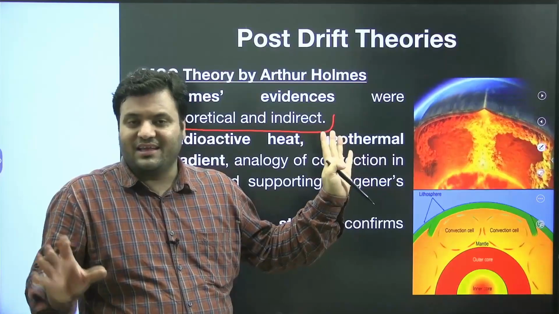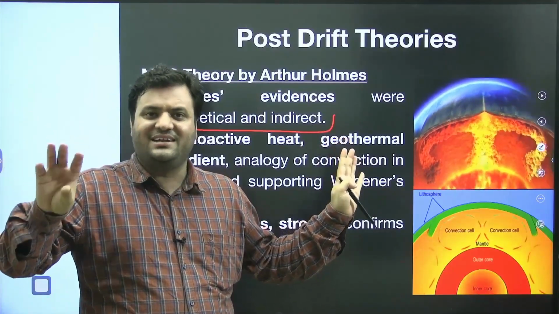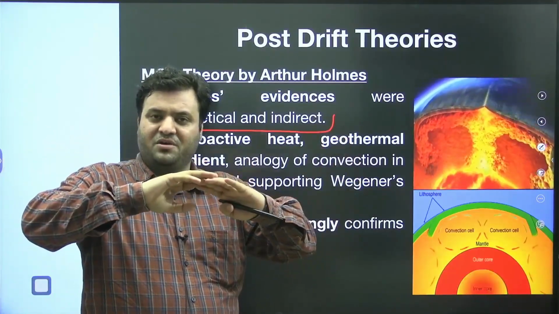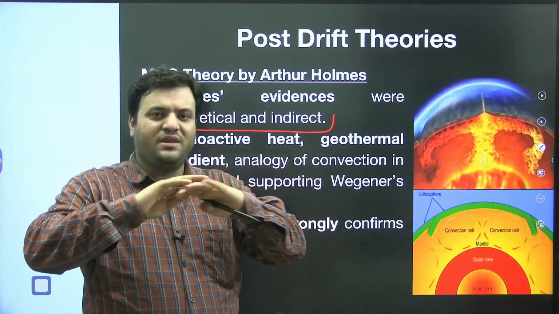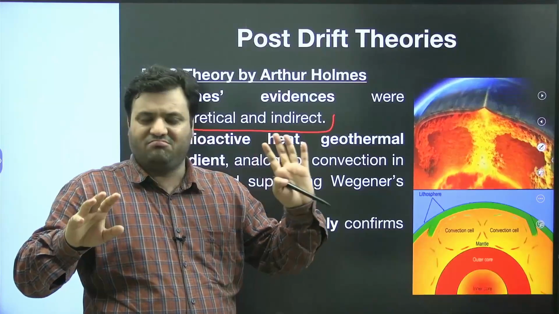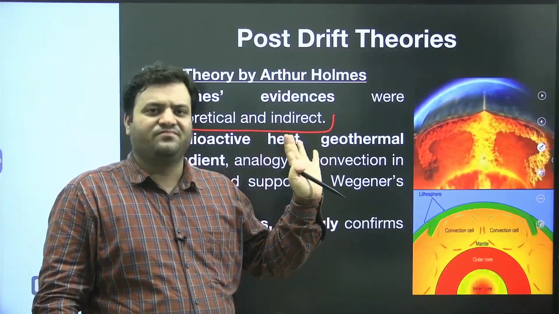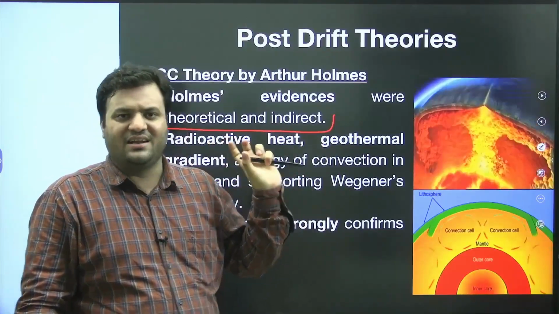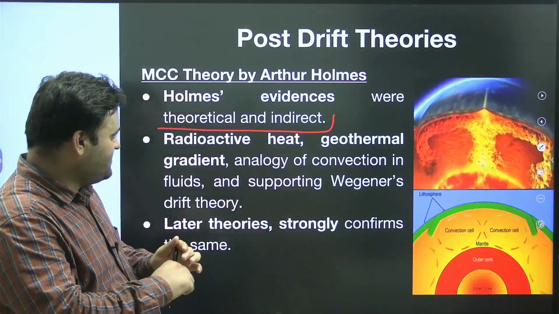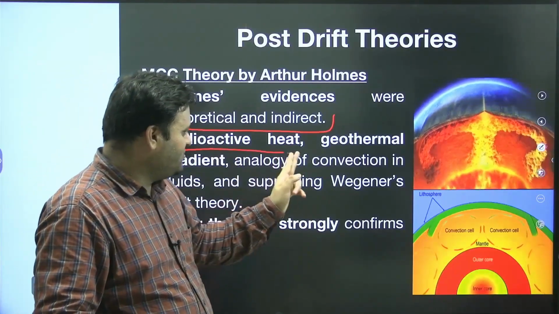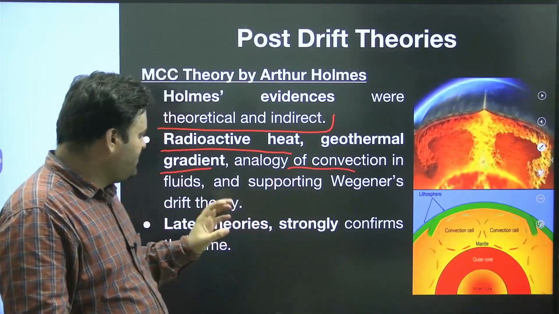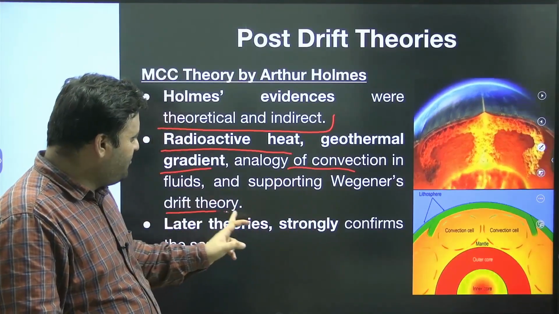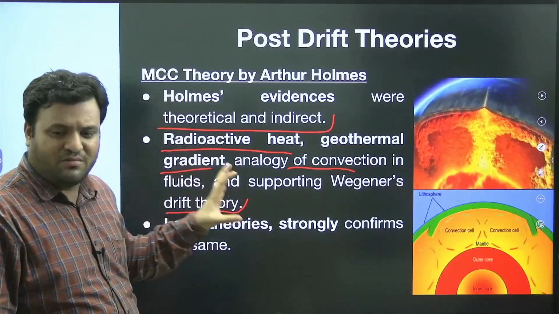Unlike Wegener's theory, where we have direct evidence, rock distribution, fossil distribution, there were so many direct evidences. Here, more or less, the evidences are purely indirect. And yes, radioactive decay, the geothermal gradient, and the convectional currents are supporting Wegener's theory to some extent.